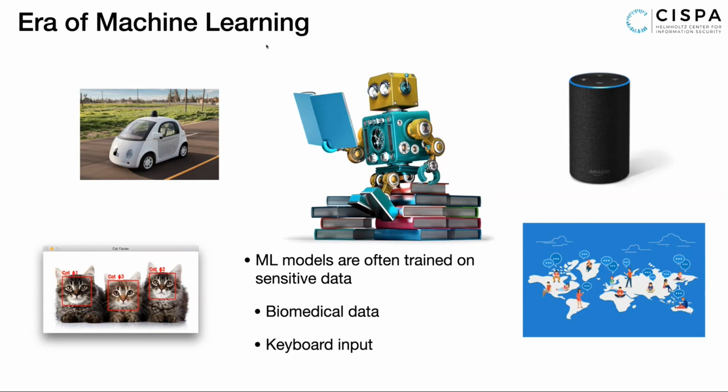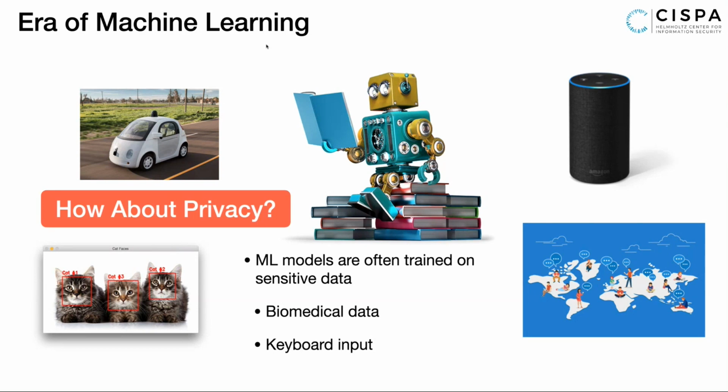On the other hand, if a machine learning model trained on such sensitive data can leak its training data information, then this will cause quite a large privacy threat. So the so-called privacy of machine learning basically focuses on whether you can infer the information of the training data from a trained machine learning model.